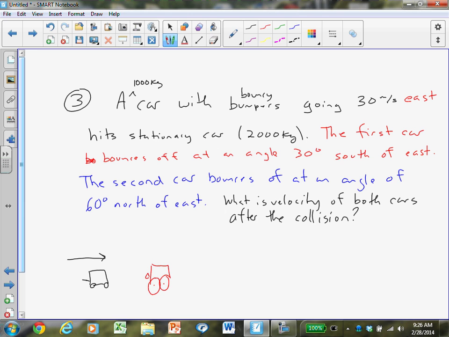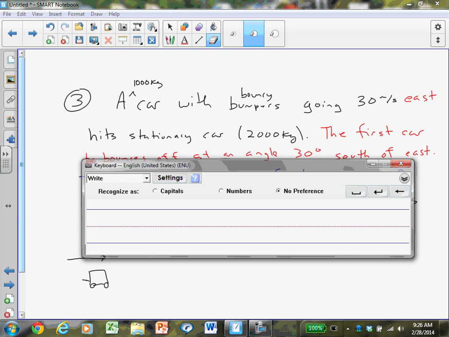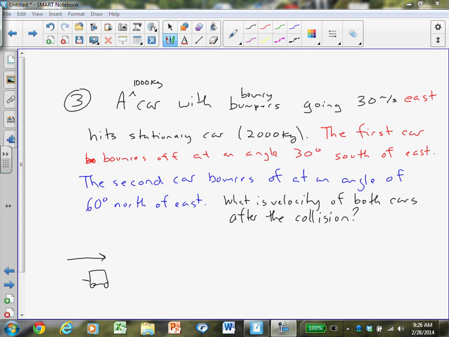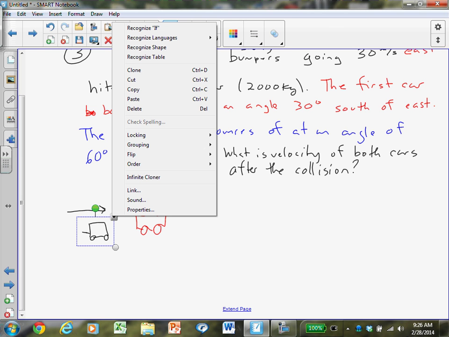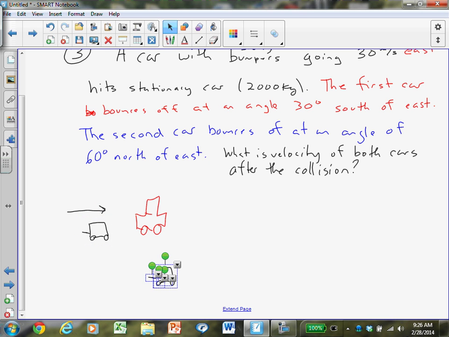That doesn't look like a car. That's stationary. And then once they hit, the first car bounces off at an angle 30 degrees south of east.